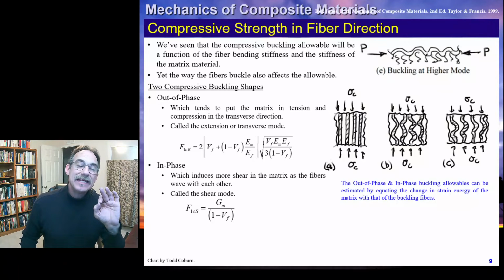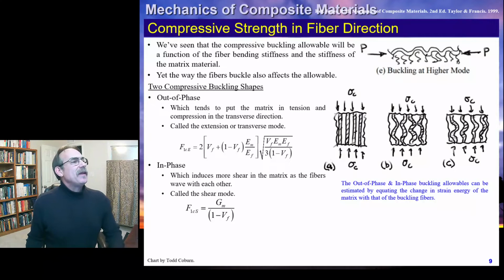We're going to use a subscript E and S. E for extensional mode, S for shear mode. The extensional mode can be estimated like this. It's got inputs like the fiber volume fraction, the matrix and fiber moduli, and that's it. And the shear mode has the shear modulus, that makes sense, and the fiber volume fraction. Got it?